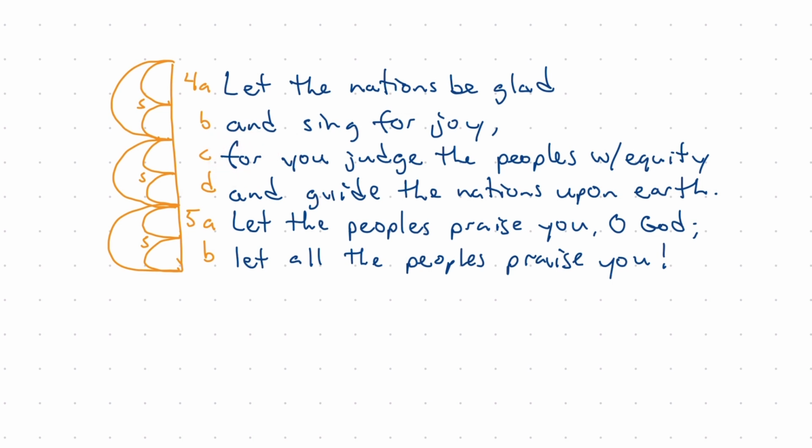And then our eye goes back to this word for, which usually points us to the relationship of ground, but we also have to ask, what about the relationship that goes in this direction? We can start to see that just as you judge the peoples of the earth with equity and guide the nations upon earth supports the gladness of the nations and their singing for joy, it also seems to support in this direction as well. If we read it like this, for instance, you judge the peoples with equity and guide the nations upon the earth, and we inserted a word like therefore, or consequently, let the peoples praise you, O God.